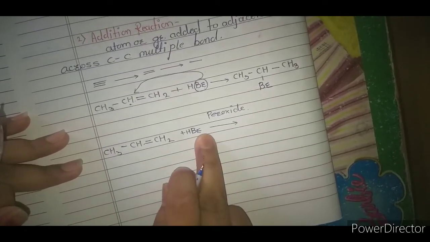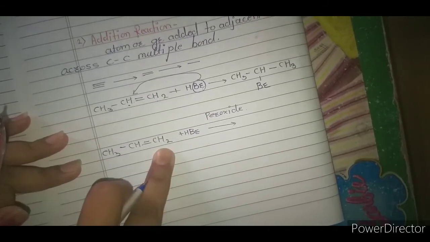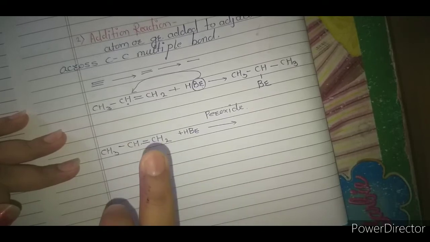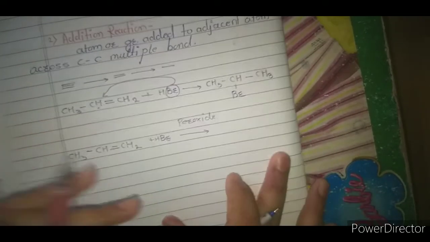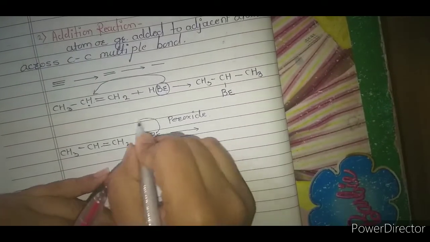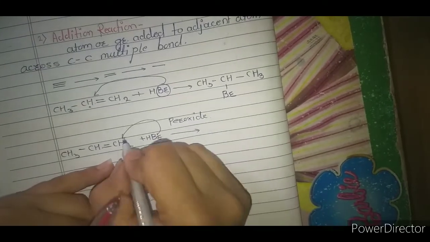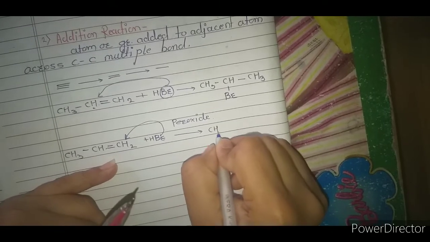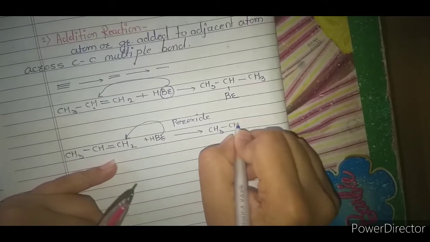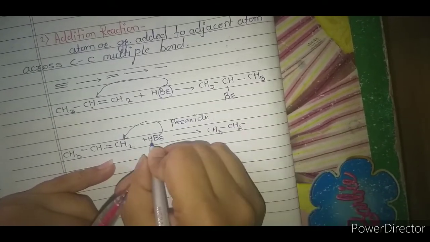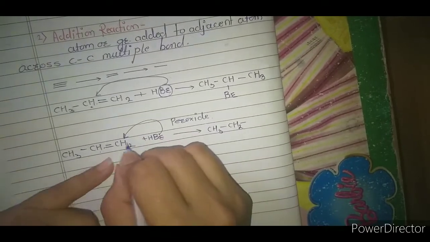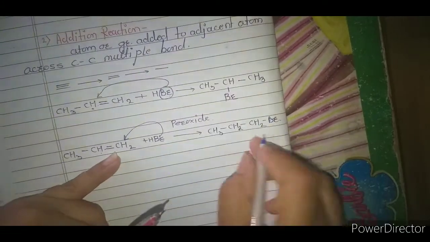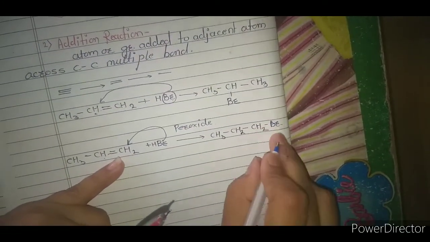The nucleophile is attached to the carbon that contains the higher number of hydrogen atoms. So this nucleophile is added on the carbon that contains the higher number of hydrogen atoms. Okay. So hydrogen is attached on this carbon atom, and your nucleophile attacks the carbon that contains the higher number of hydrogen atoms.